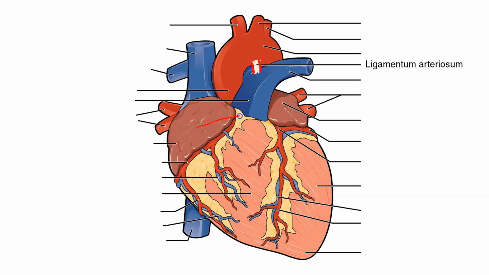Any blood that didn't escape over to the left atrium through the foramen ovale will then go out through the pulmonary trunk, and here we have yet another opportunity for blood to shunt over directly from the pulmonary trunk into the aorta. It passed through this little channel, and then after you're born, that channel erodes away, and it just becomes kind of this connective tissue band, which we call the ligamentum arteriosum.